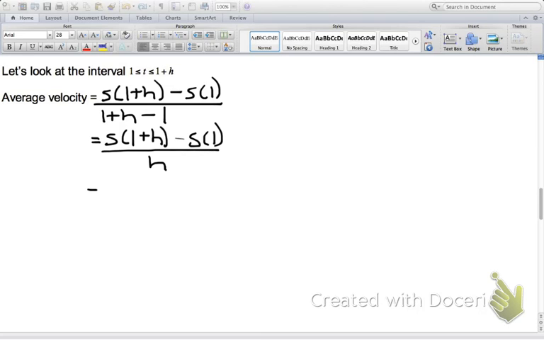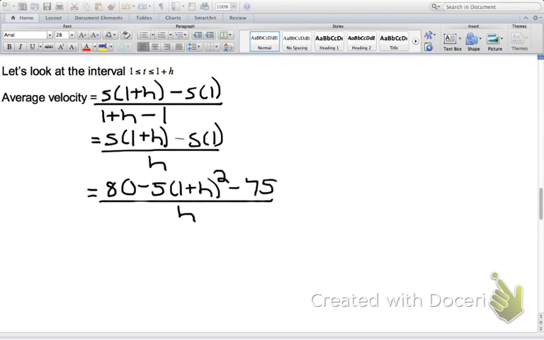When we sub those values in, we get 80 minus 5 times 1 plus h squared minus 75, all over h.